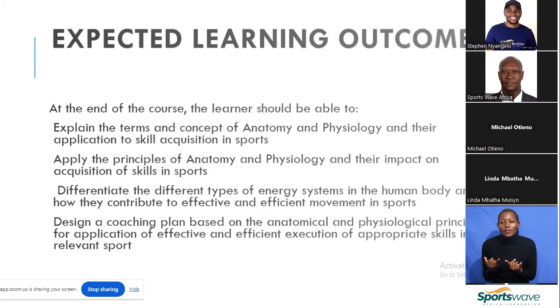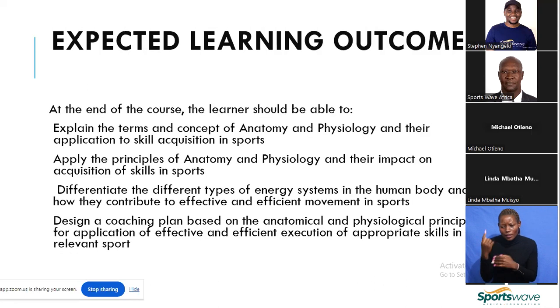Expected learning outcomes at the end of the course, and not really this particular course, but at the end of any course that you do in functional human anatomy and physiology, you ought to be able to explain the terms and concepts of anatomy and physiology and their application to skill acquisition in sports, apply those principles and their impact on acquisition of skills in sports, differentiate the different types of energy systems.